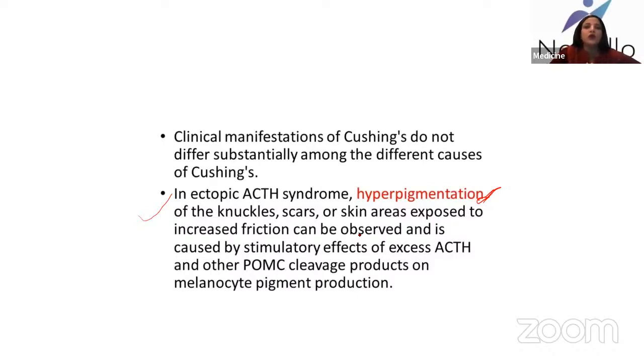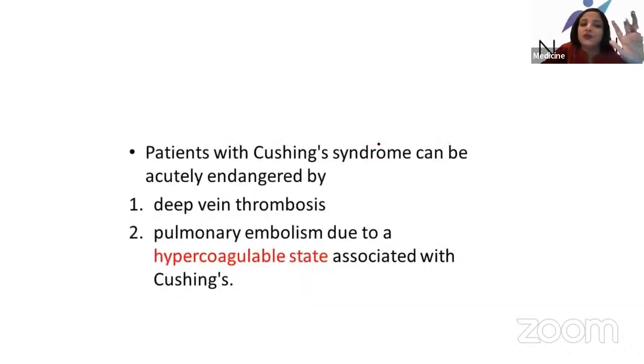So please remember this point. All the good students should remember this point, because now your exams are getting more and more difficult. They're going to ask you very specific points, like what are the features of ectopic ACTH syndrome. So now you know that hyperpigmentation is a very important and very specific feature of ectopic ACTH syndrome.